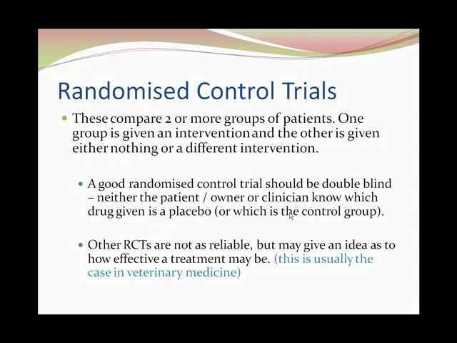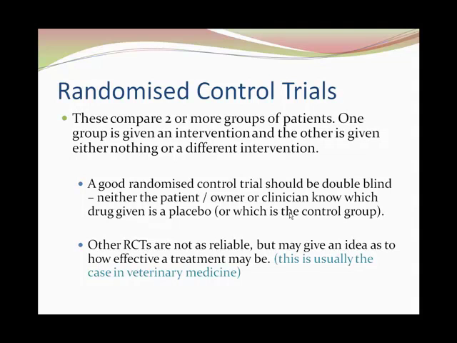Now, as I've said, a randomized control trial compares 2 or more groups of patients. So there may be 2 groups in the trial, one given an intervention and one not. Or there may be 4 groups in the trial, all given different interventions. A good randomized control trial should be double-blind, which means that neither the owner or the clinician know which drug is given.